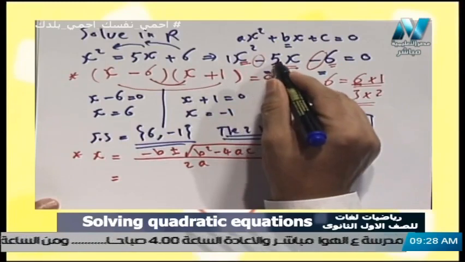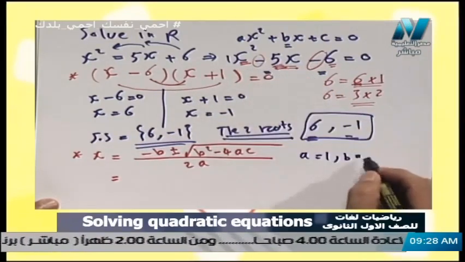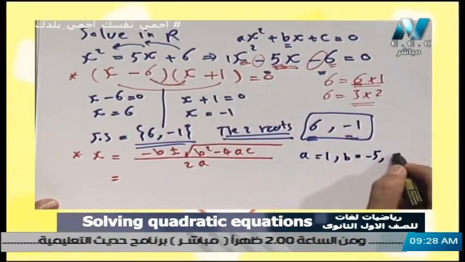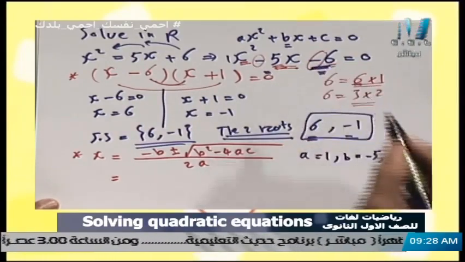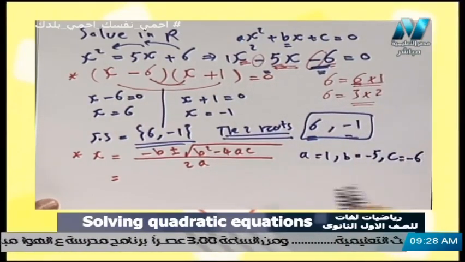Equals negative 5, not 5, equals negative 5 by its sign. And c here is the absolute term, which is negative 6.